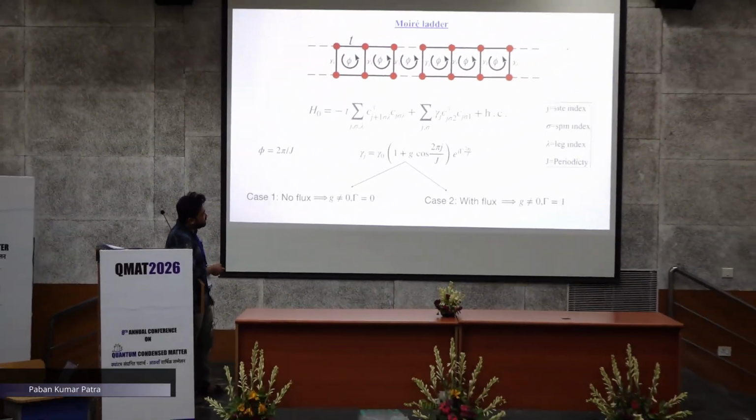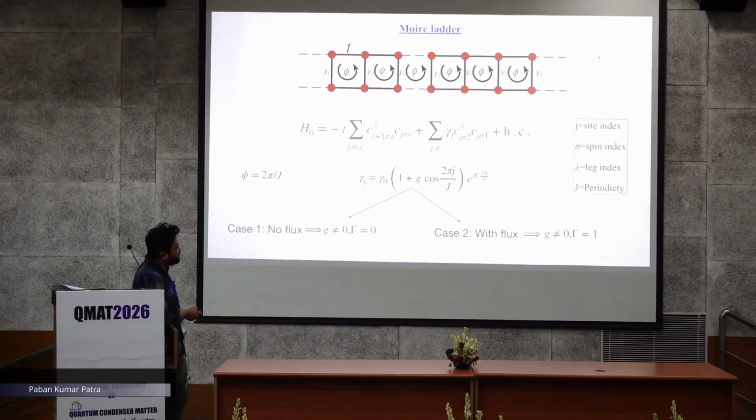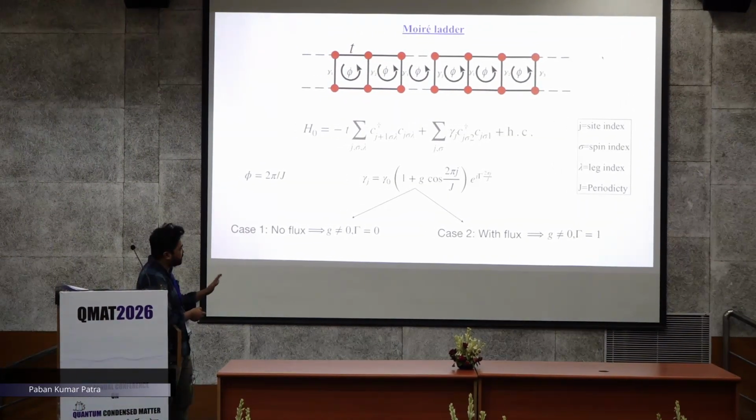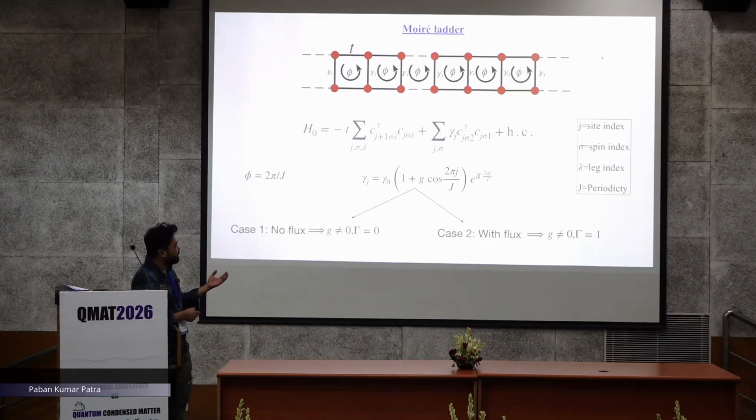Capital gamma is just to turn the flux on or off and has no physical meaning: gamma equal to 0 means no flux, gamma equal to 1 means flux. Small g is the prefactor of the Moire periodicity, small j is the site index, and capital J sets the Moire periodicity of the ladder. Sigma is the spin index, lambda is the leg index. So far, people have understood Moire periodicity.